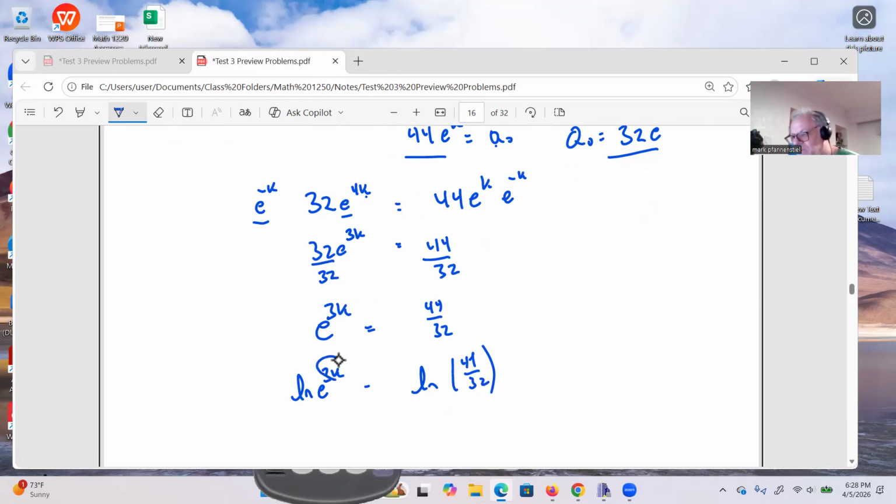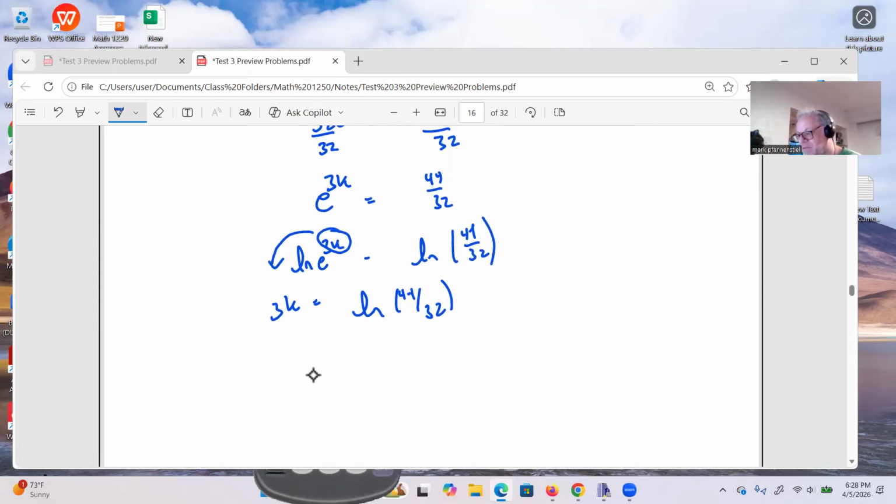Remember your logarithm rules: the 3k comes down in front, so 3k is equal to the natural log of 44 over 32. Divide both sides by 3, so k is equal to 1/3 natural log of 44 over 32. That's going to be my answer for k.